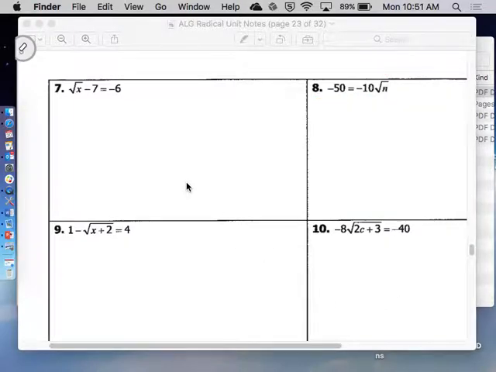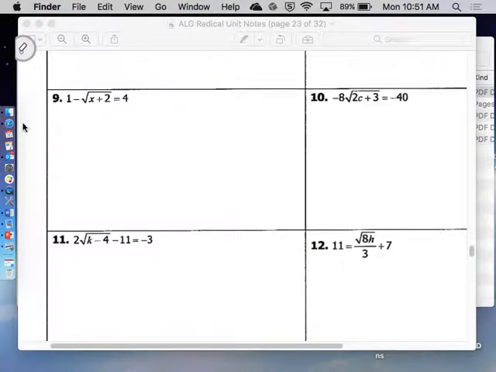Let's do number 9. So the first thing you need to do is isolate the radical. So subtracting 1 from both sides. Then you have the negative square root of x plus 2 set equal to 3.